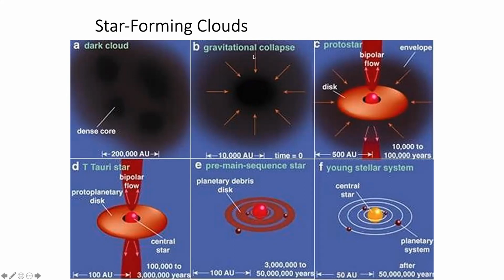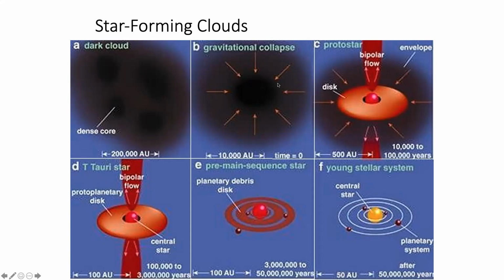So we're looking at this gravitational collapse beginning. We're going to start our clock here. So this is time 0. Right? All of this gravitational energy is starting to convert into heat and rotational kinetic energy as it starts to spin faster and faster.